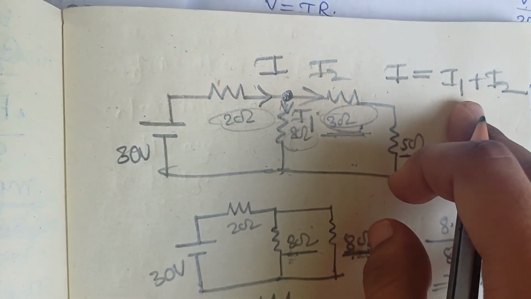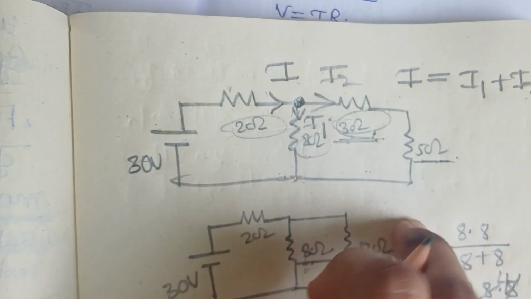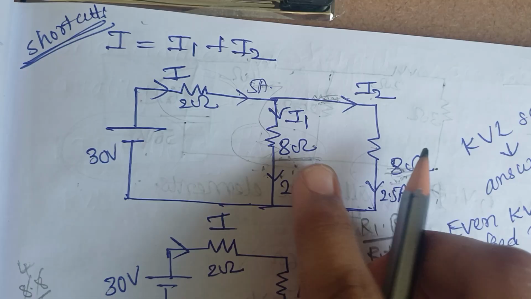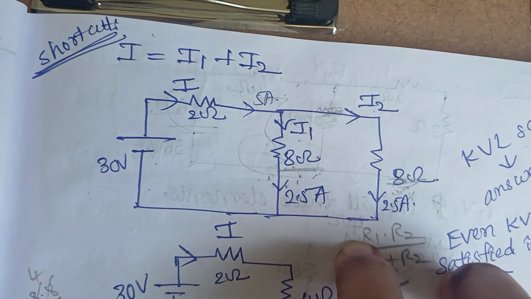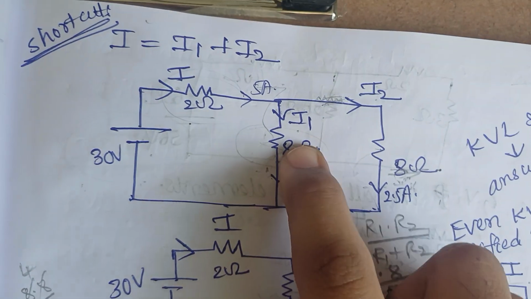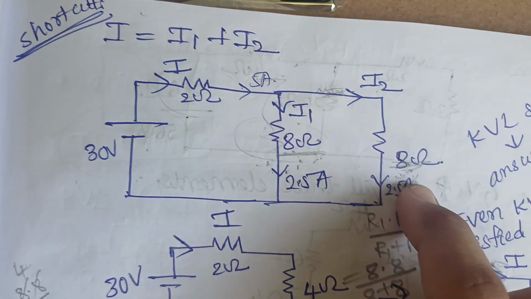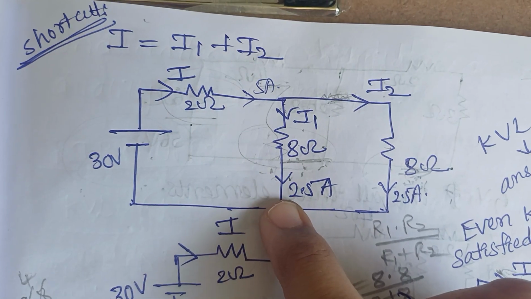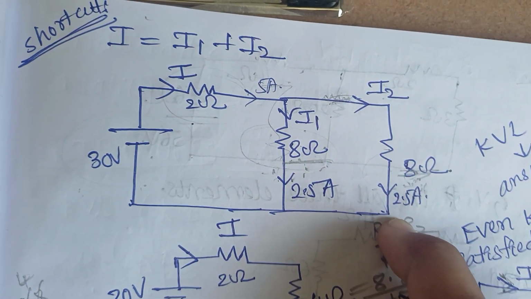Now you have to find the I1 and I2 values, right? See, whenever you have equal resistances here, your current will also divide equally. Since your total current is 5 ampere and here you have resistors 8 ohm and 8 ohm, your current will divide equally as 2.5 ampere and then 2.5 ampere again.